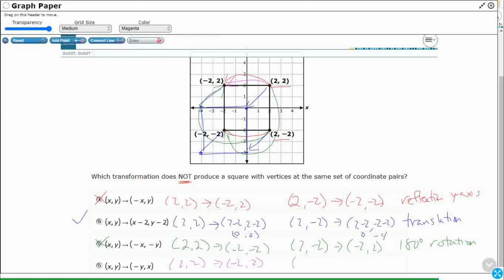So let's see what this next one looks like. 2, negative 2. My y becomes my new x, and becomes the opposite. So that's going to be positive 2. And then my y slides over 2. So this is actually a 90 degrees counterclockwise rotation. And it keeps the same vertices. So my answer here is B.